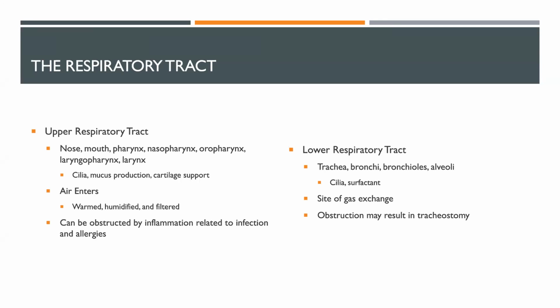It also creates mucus production, which is another mechanical barrier that prevents infection and foreign particles from entering our body. And it contains cartilage that has supportive structures to help keep all of our airways open.